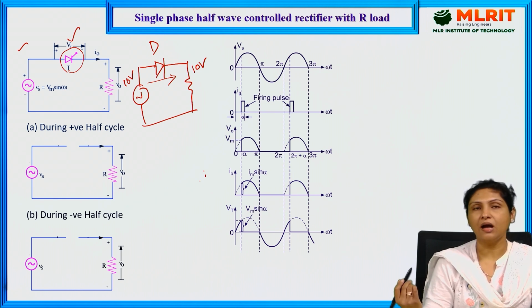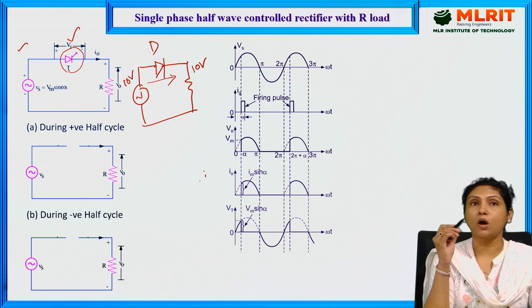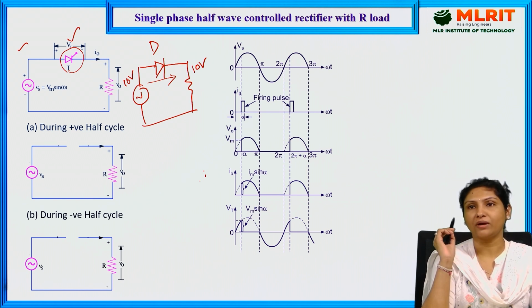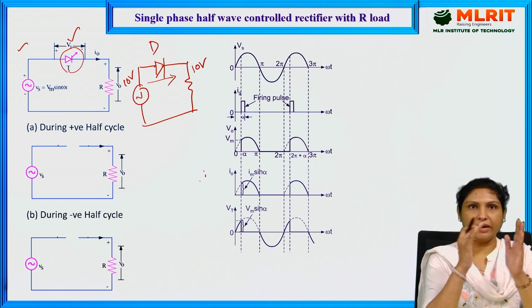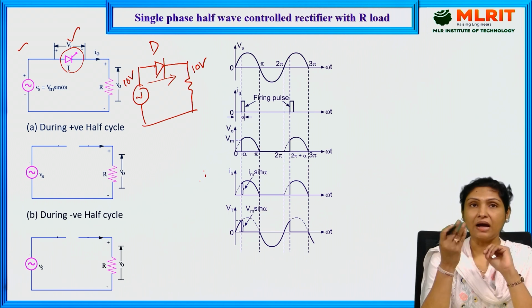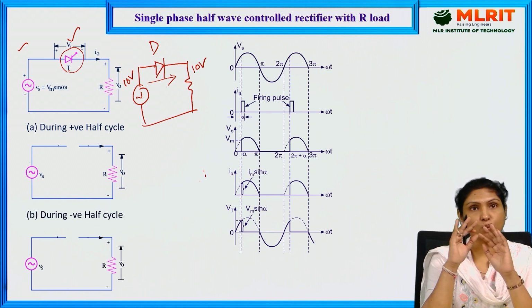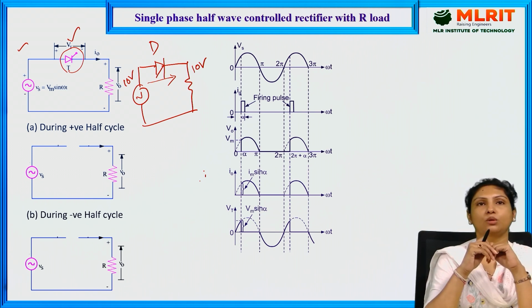We can control the output voltage using the thyristor by making use of the firing angle. By adjusting the firing angle, we can trigger at that particular instant and thereby control the output voltage which is fed to the load.